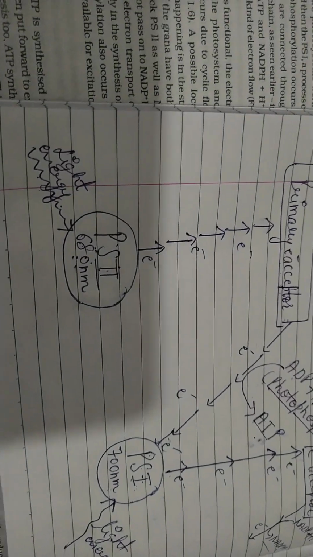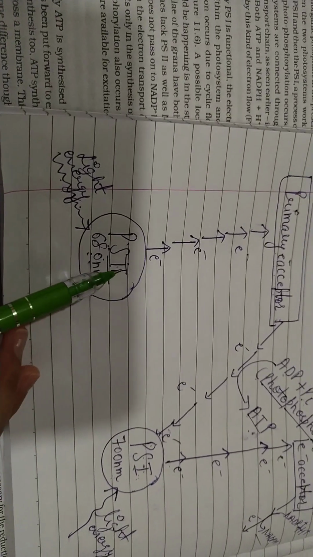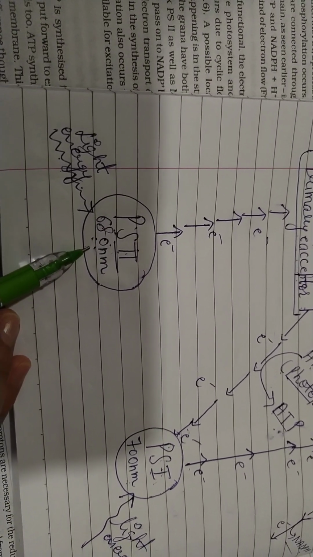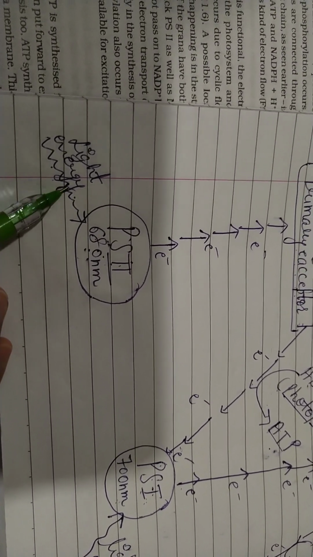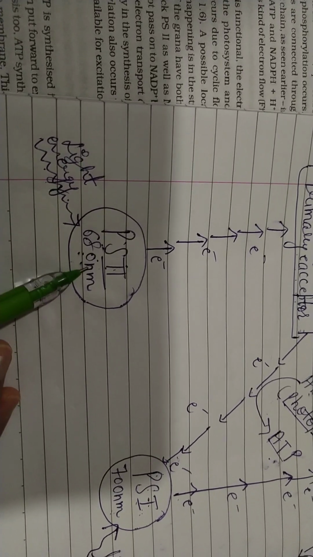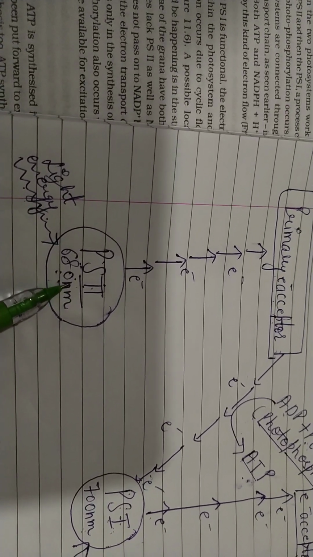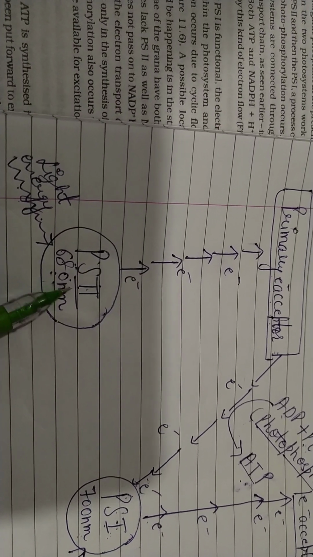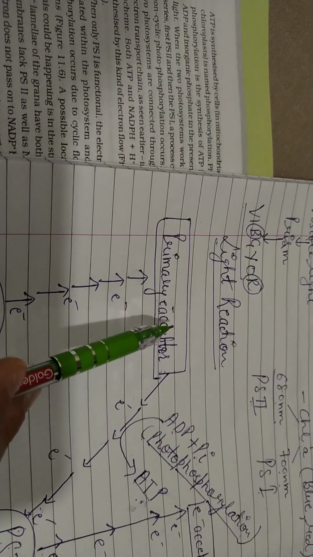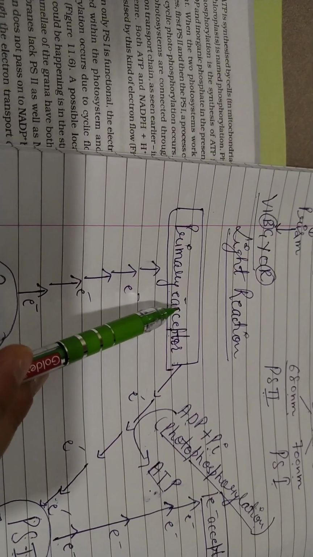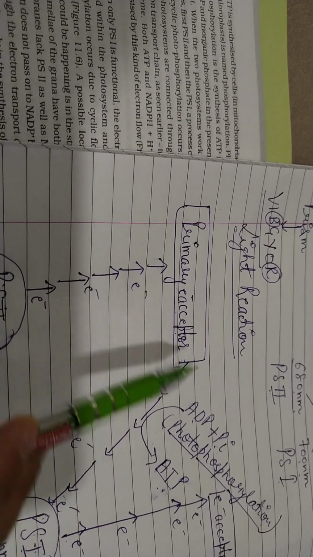I'll explain the process again. You have photosystem 2 which absorbs at 680 nanometer. Once it is illuminated by light, it will absorb the light energy or solar energy, and the electrons will be excited. They will jump from the lower energy state to the higher energy state, where they are accepted by the primary electron acceptor.